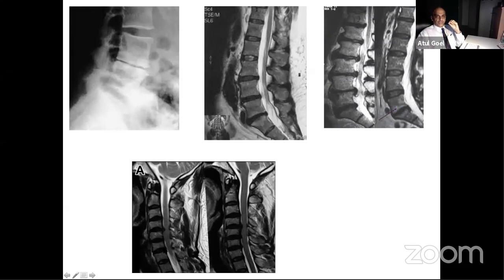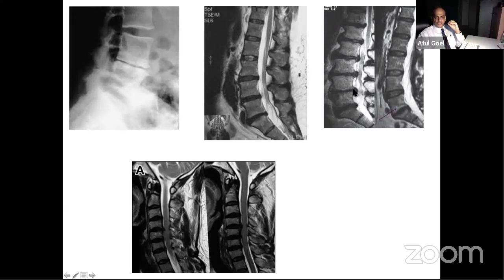My concept is there is no problem with the disc space. There is no problem with the osteophytes. These are the manifestations of an unstable spine, and this spine needs stabilization. You see, when you do a dynamic picture, there is no instability, but the presence of osteophytes is an indicator of an unstable spine.